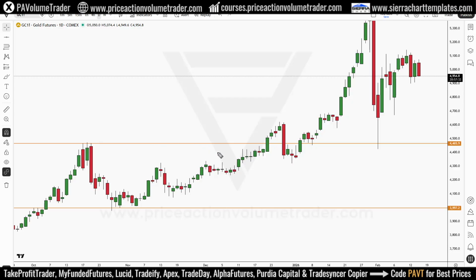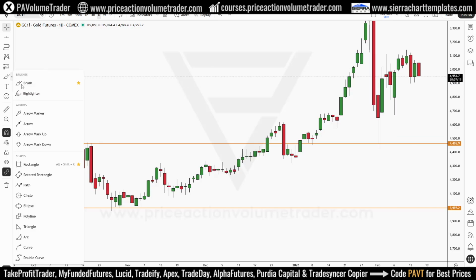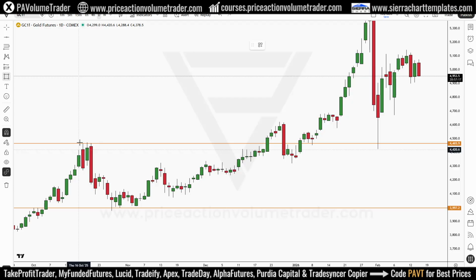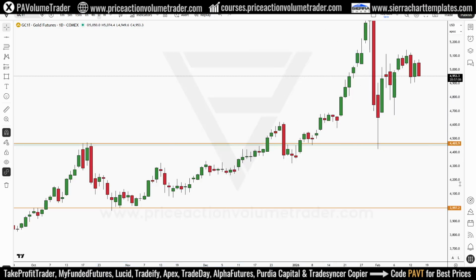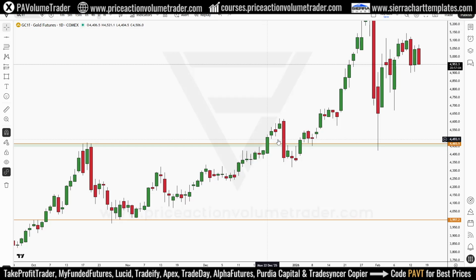Now here, this is where you can apply, you don't need to use just one line. You could do this as a zone, just like I do on my weekly charts. You could just take the rectangle tool and you can say, okay, I'm going to mark this entire area as a support zone. And that's perfectly valid.